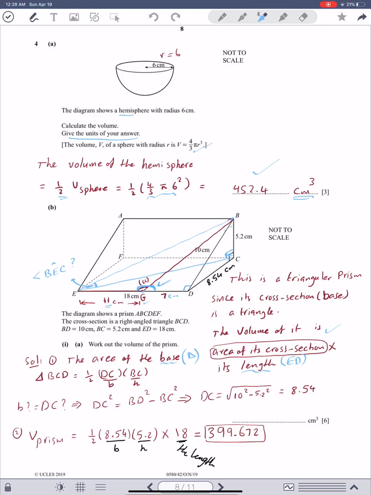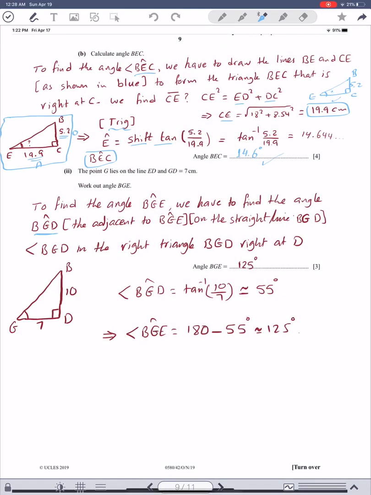Because the triangle BDG is a right angle triangle, right angled at D. So the angle BGD, which is this one, we can find by the same method. This is opposite, this is adjacent to the angle.